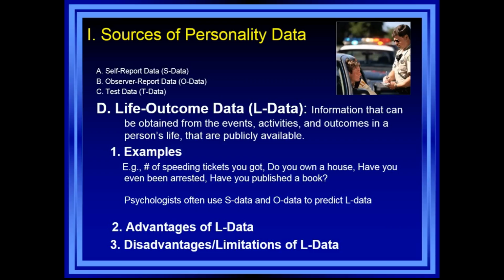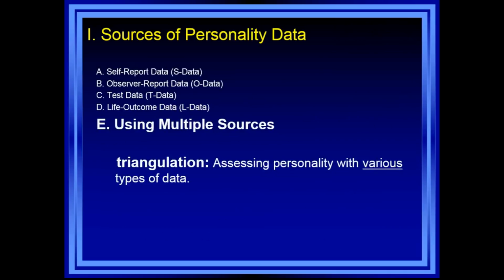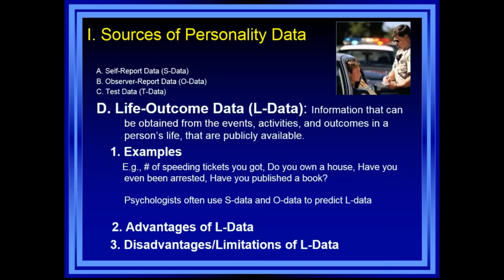But again, we also use life outcome data to predict later life outcome data, like speeding tickets. By the way, if you've ever had speeding tickets and you get a lot in a short period of time, your insurance company does not like that.